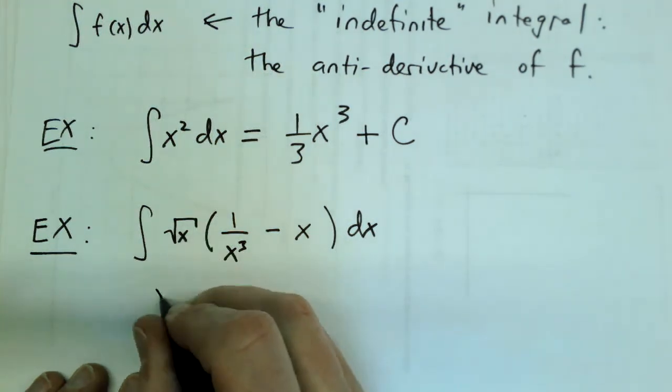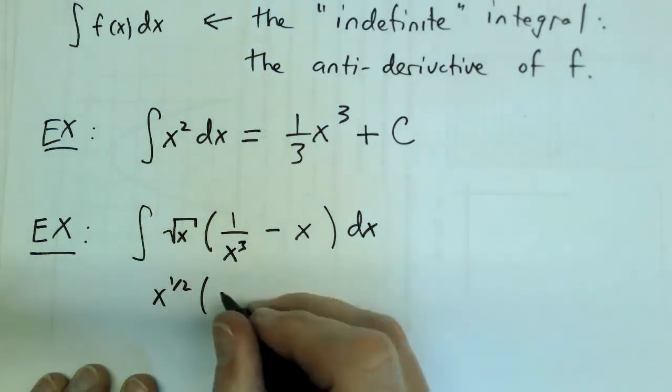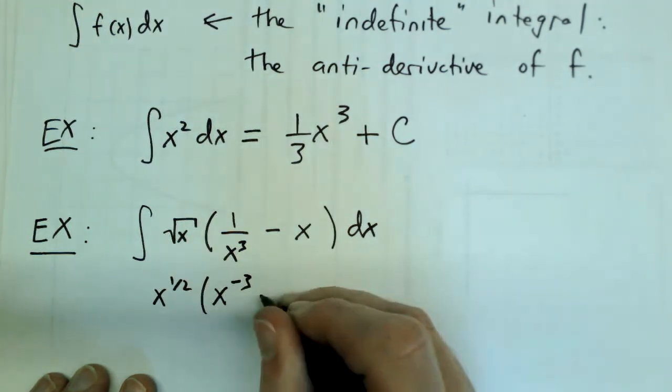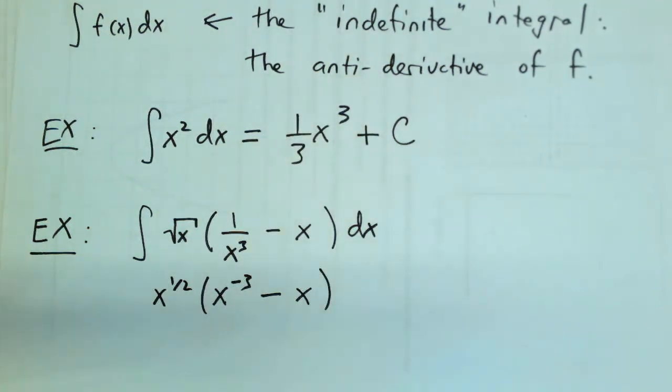Square root of x, that's x to the 1/2, right? 1 over x to the 3rd, that's really just x to the -3. The x here is already basically fine. Okay, that's getting closer to a polynomial-ish kind of expression, but what else do I have to do to make it truly like a number times x to a power plus a number times x to a power plus, I have to distribute, right?